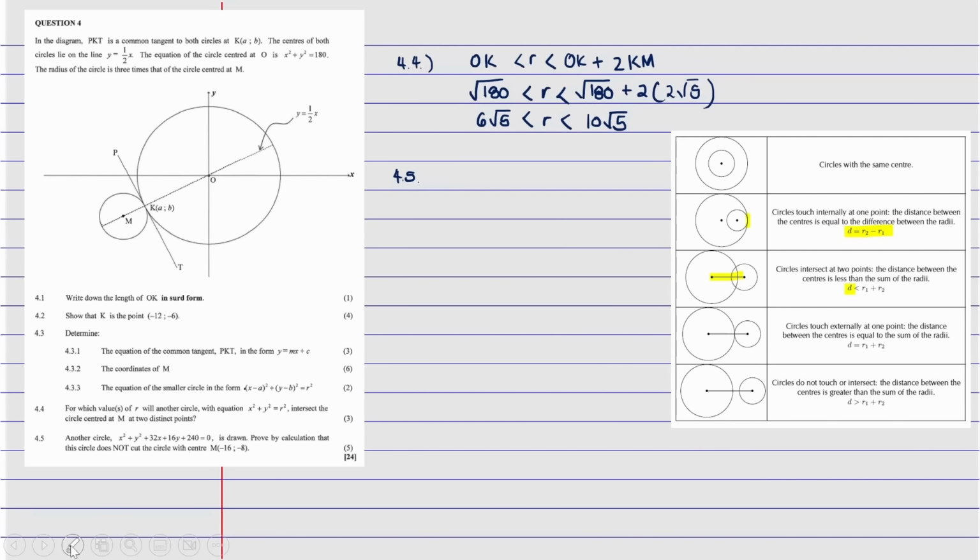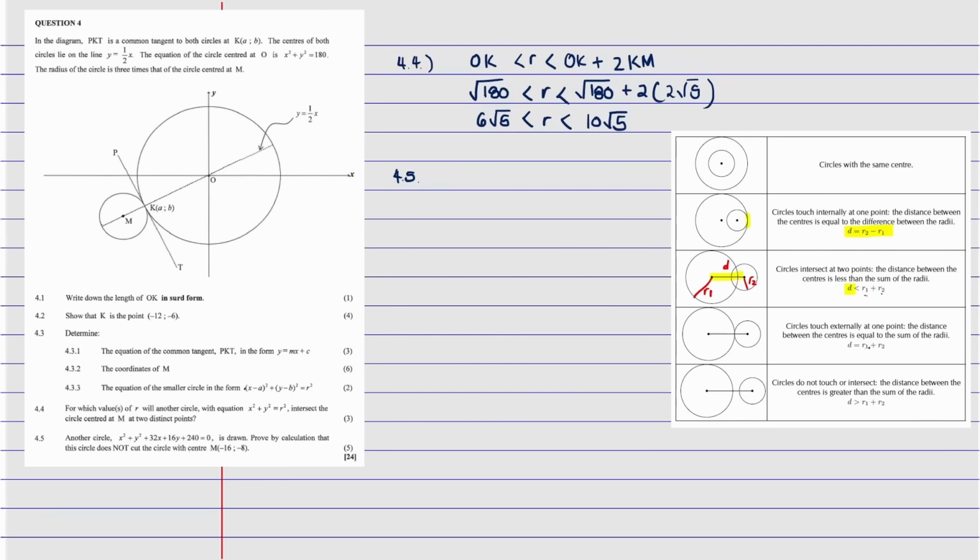This is D. If the intersecting happens, the distance from one center to another is going to be less than the sum of the two radii, R2 and R1. So that's what it means.